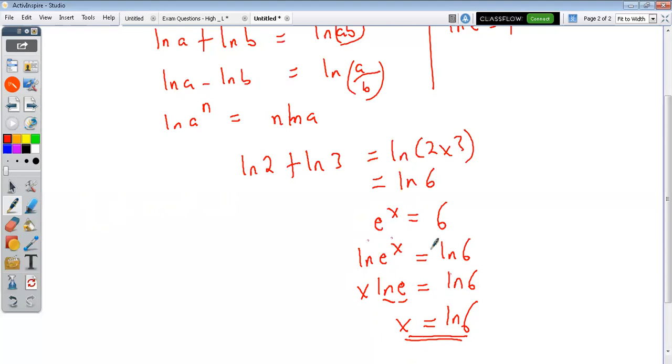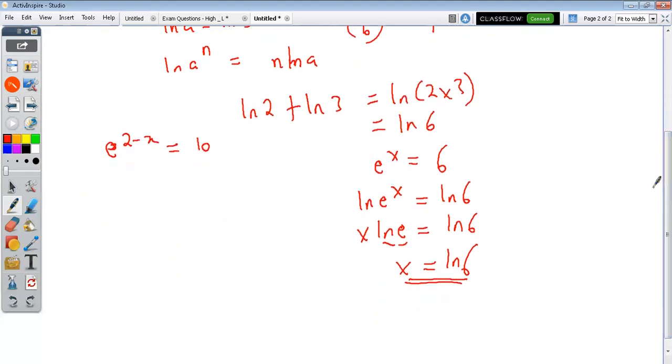Hope it's making some sense. So if we have e to the power of 2 minus x being equal to 10, how do we solve that? We take logarithms: ln e to the power of 2 minus x is equal to ln 10.